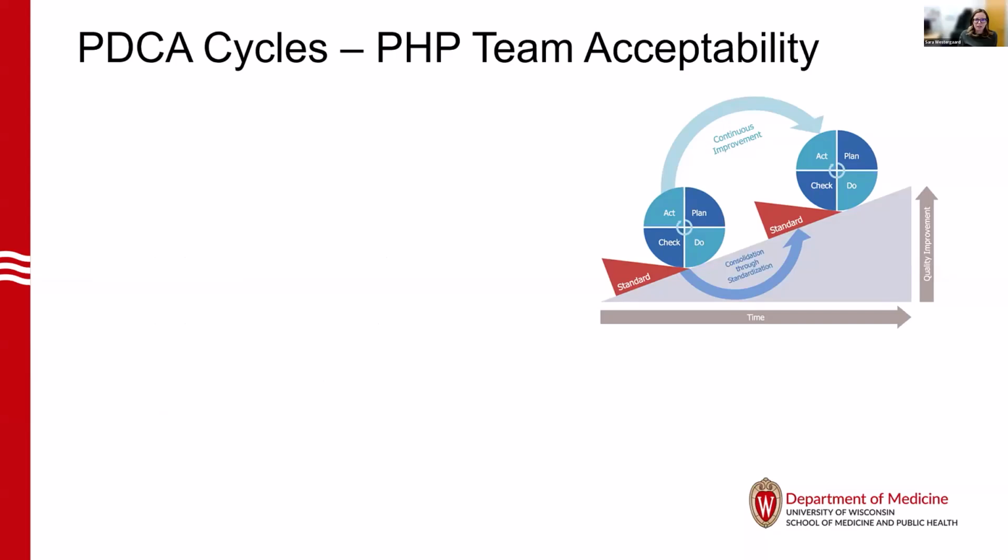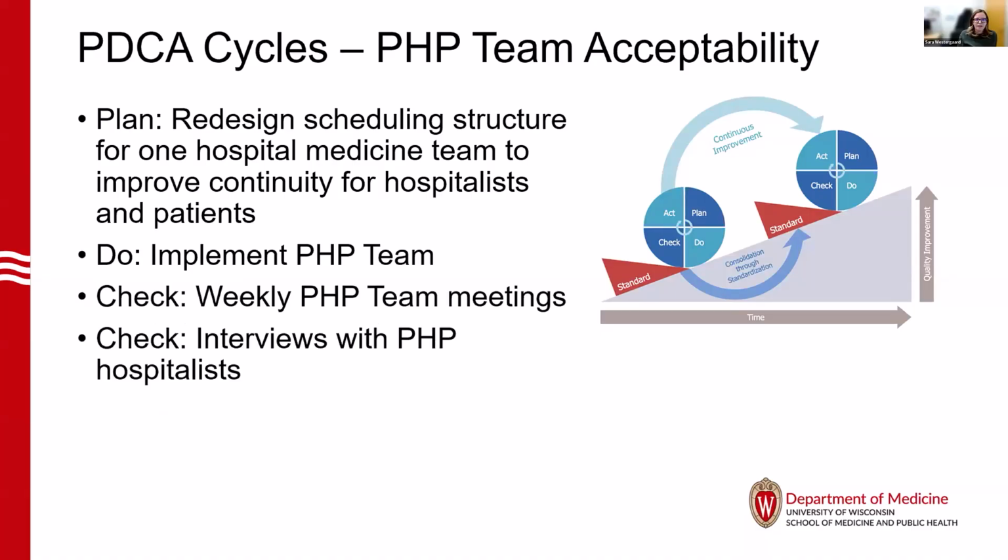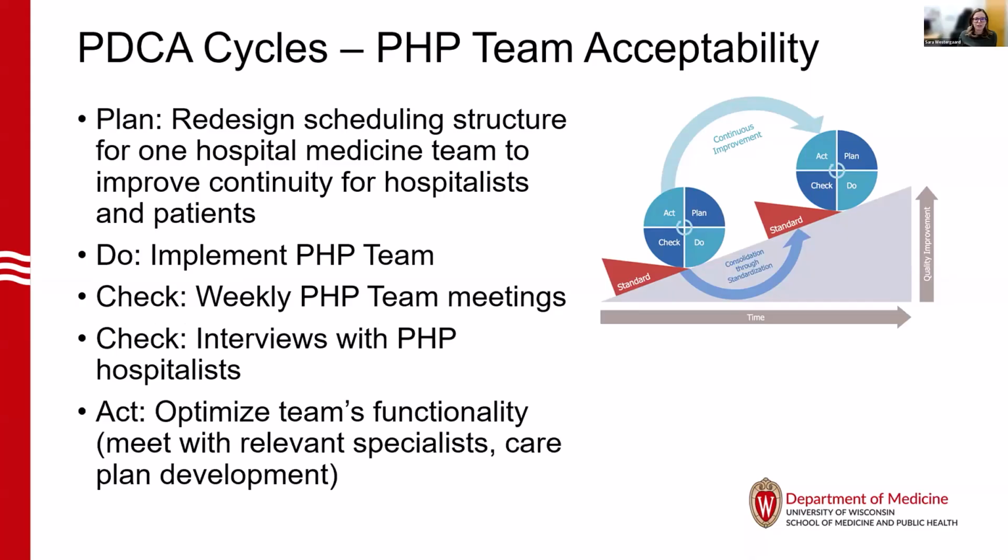We interviewed the hospitalists on the PHP team as well to understand, was this redesign of the scheduling structure acceptable to them? And this came through the weekly PHP team meetings and the interviews with the PHP hospitalists over the summer. Through some of the feedback in the weekly team meetings, we were able to better optimize the team's functionality.